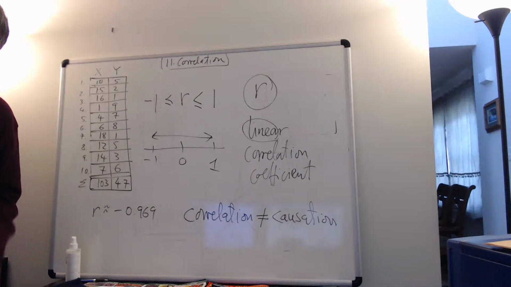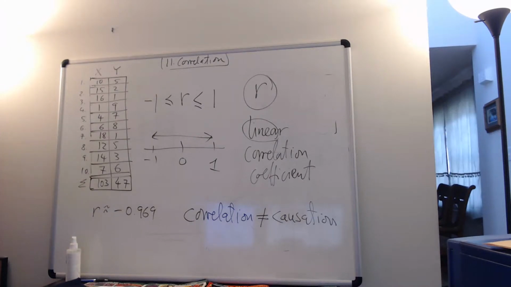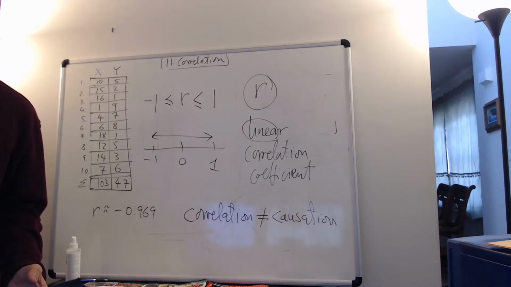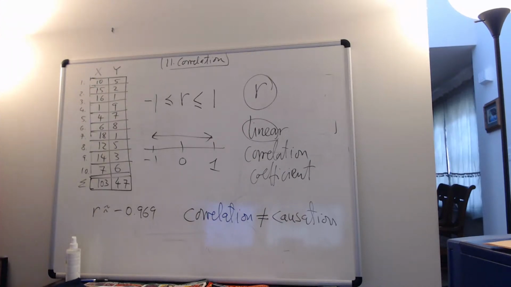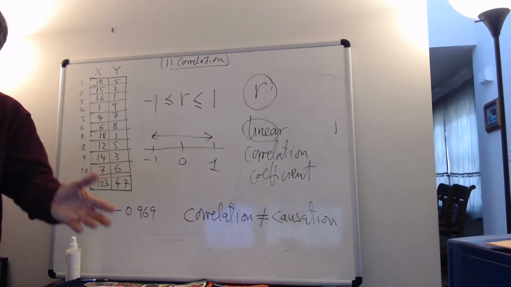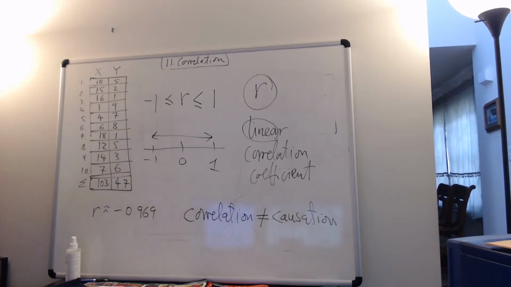So I'm going to give you an example. I'm going back to this salt thing and the blood pressure. We know that if you eat more salt, you're going to have higher blood pressure, and if you eat less salt, you're going to have lower blood pressure. Okay? Is that a causal effect? Would that mean that you should avoid eating salt because it causes you to have higher blood pressure?